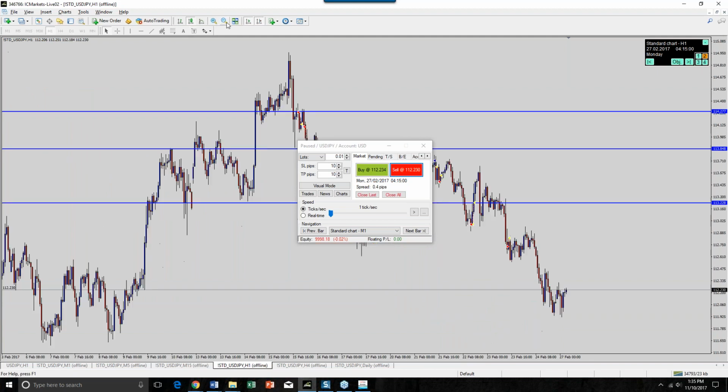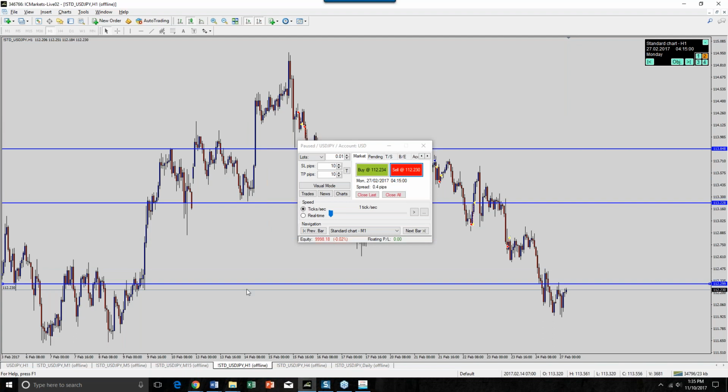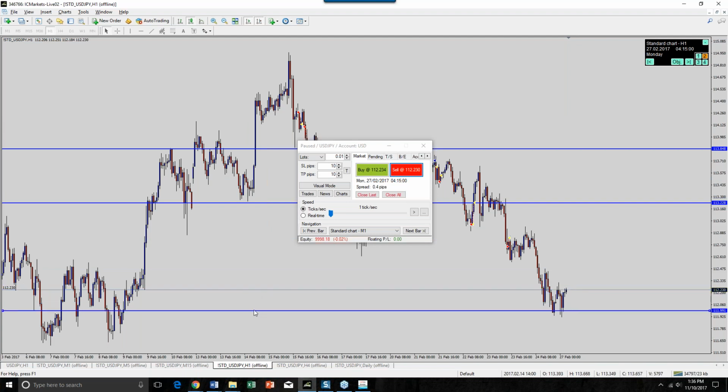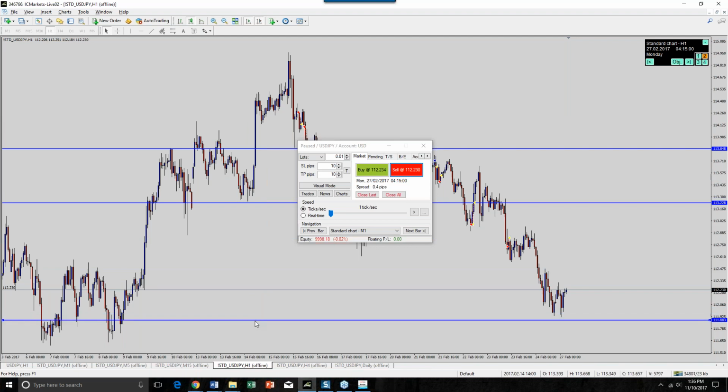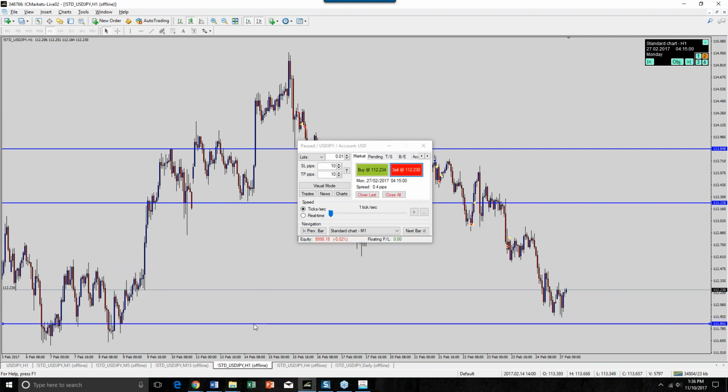So now we have basically new levels that we have to do. So you can see this line now. We're starting to match up probably with this level here. That's where I'd be looking. That's my new support level. So you can see how when you start to trade, you start to move your lines, but relatively stays in the same area.